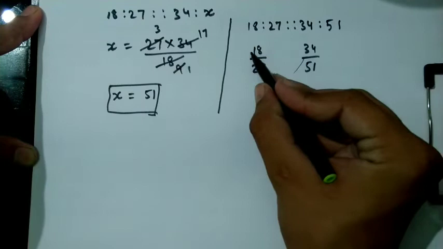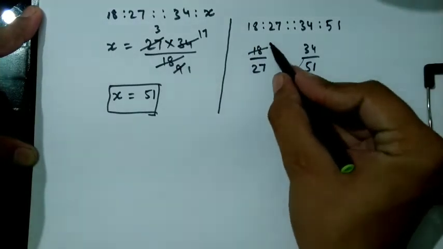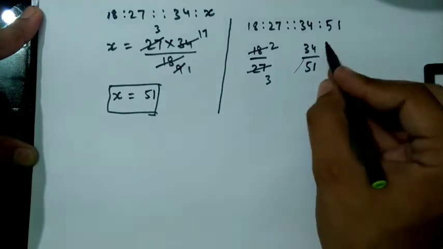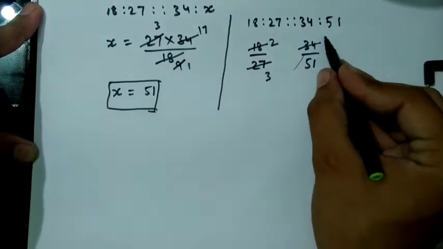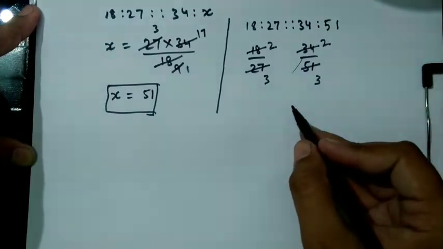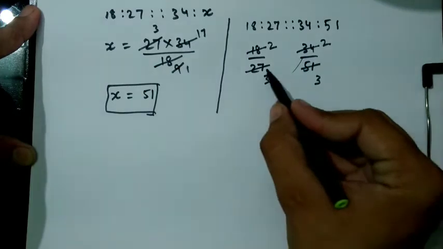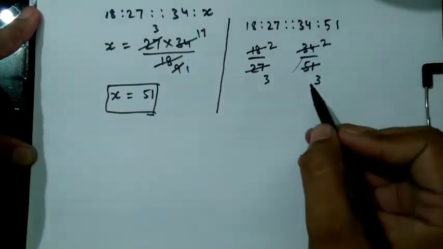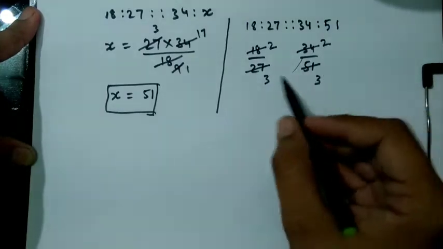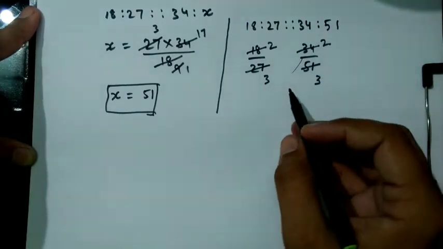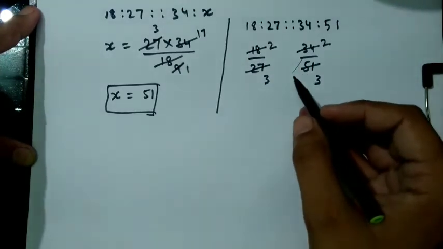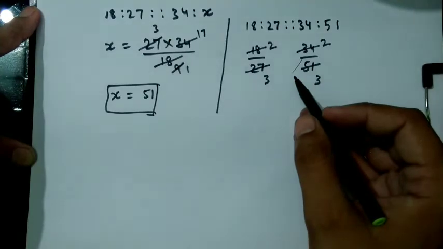When you cut this by 9, 9 twos are 18 and 9 threes are 27. So here by the table of 17, 17 twos are 34, 17 threes are 51. So I mean to say we get on both sides 2 by 3, 2 by 3. So it means their ratios are the same. If the ratios are the same, then you can say this is in direct proportion. So this is a second method, how to find whether the numbers are in direct proportion, right?